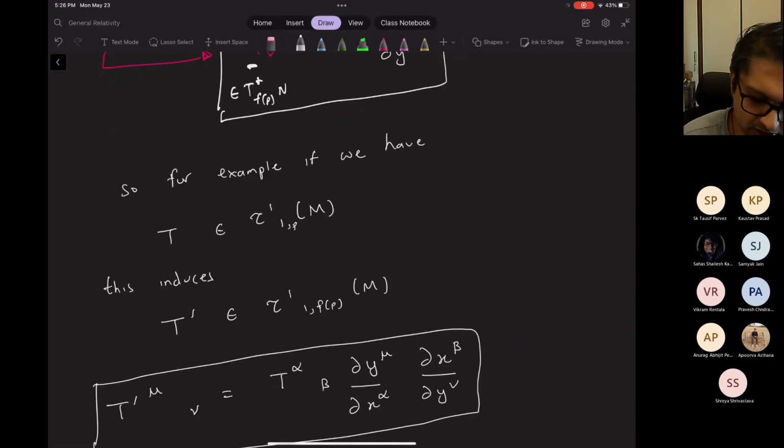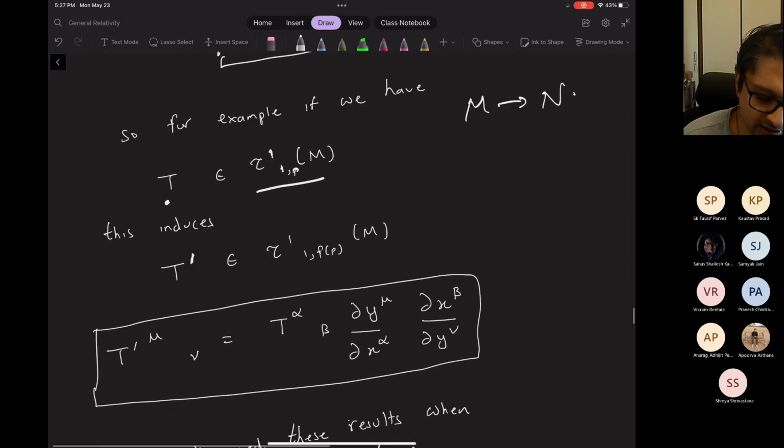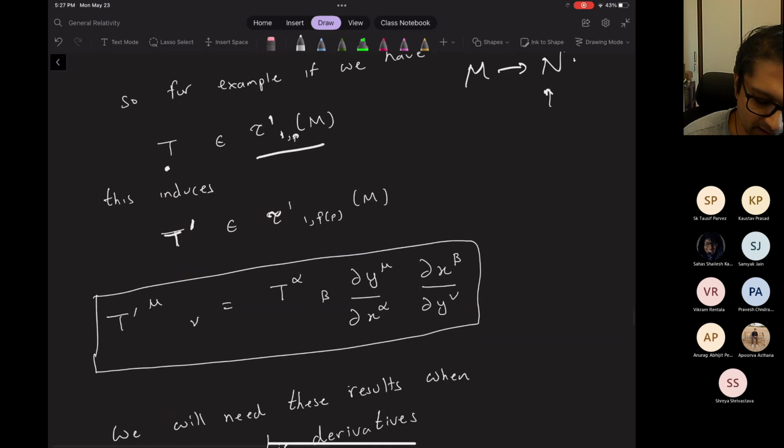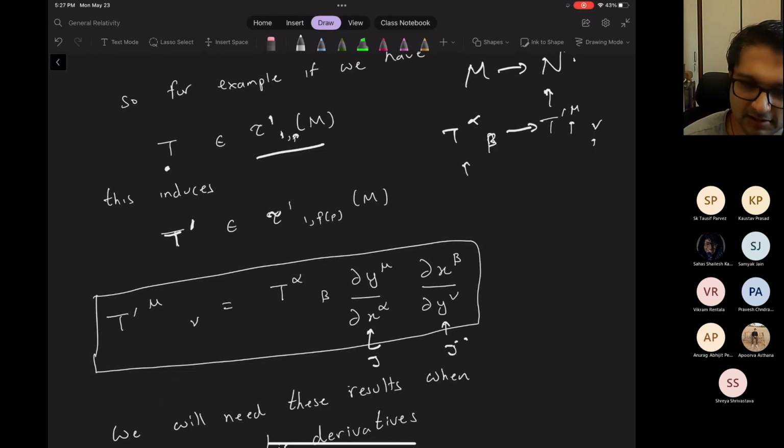Okay, so now let me just construct an explicit example. So supposing we have a diffeomorphism between M and N. Then if I have a tensor T, which is of type (1,1), so it's one vector index, one dual vector index at P, this induces a tensor T prime in N, which is in tau (1,1) at F(P) of N. And this T prime mu nu, the components of the tensor here with one vector index, one dual vector index, are related to the components of the tensor here with one vector index and one dual vector index through a Jacobian and one inverse Jacobian, because I insisted on pushing forward both indices.